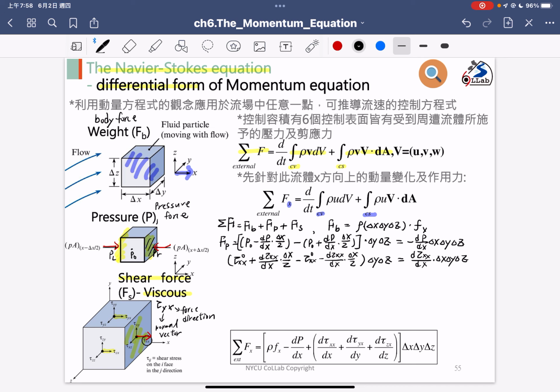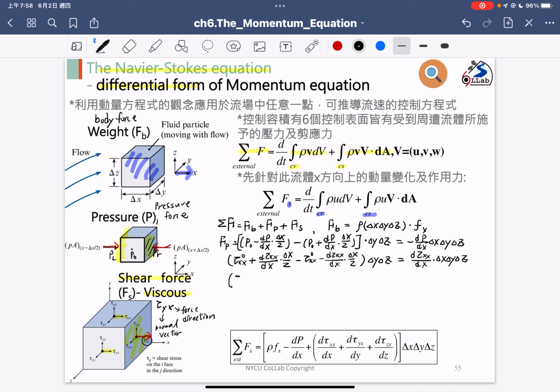So this only contributes from the shear stress along the x component. And we need to consider all of the different components, but the shear stress force direction is along x.